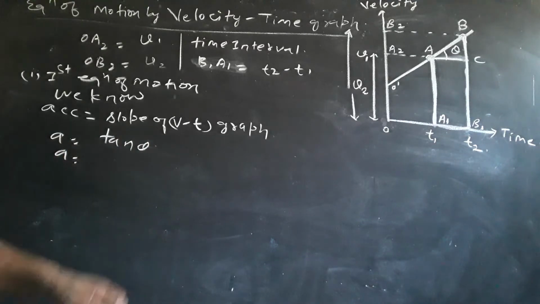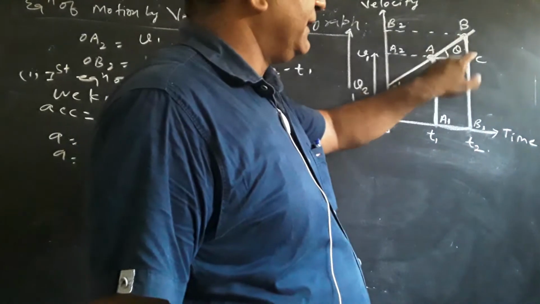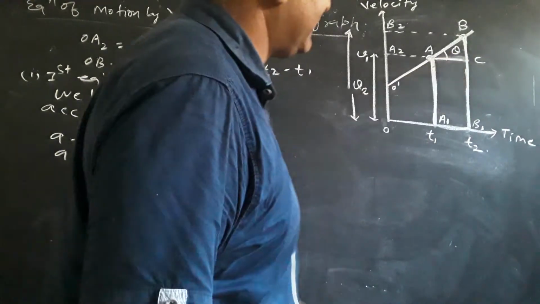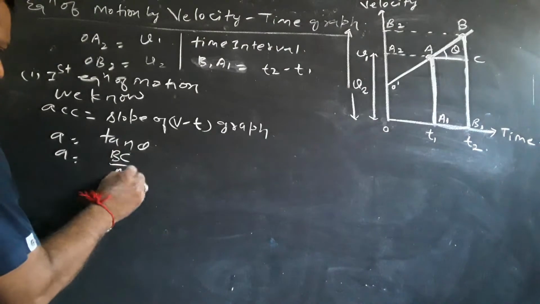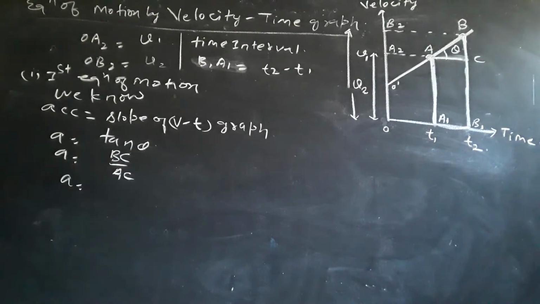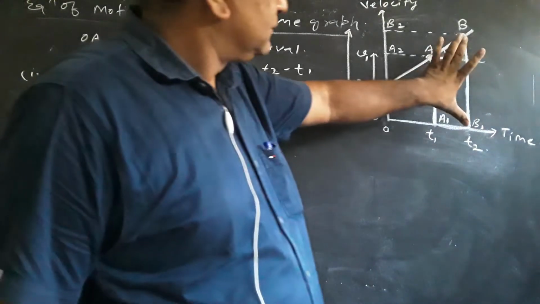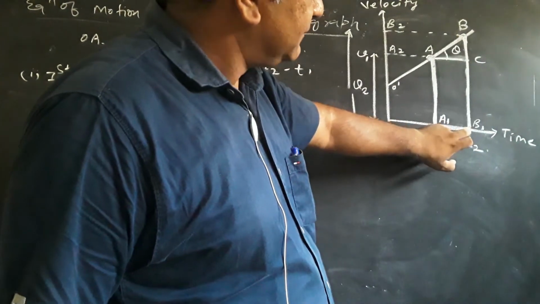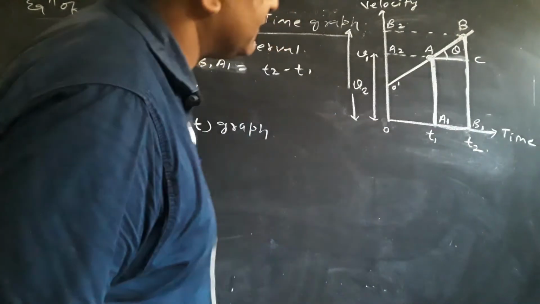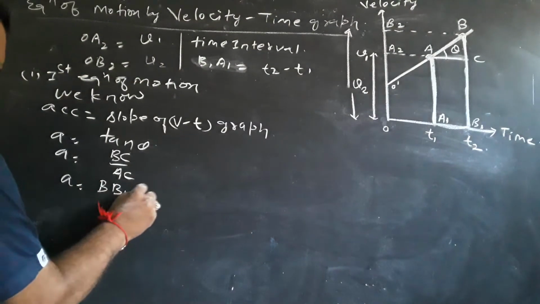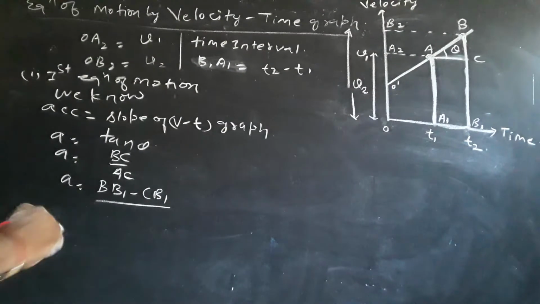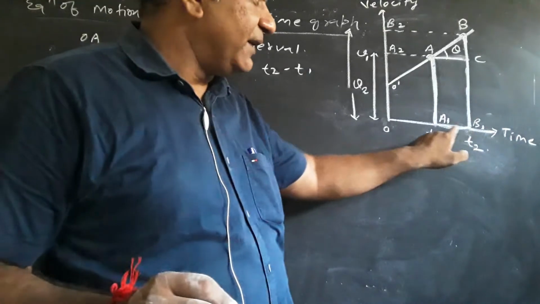From this graph, in triangle ACB, tan theta is perpendicular upon base, that is BC upon AC. BC is BB1 minus CB1, and AC is B1A1.